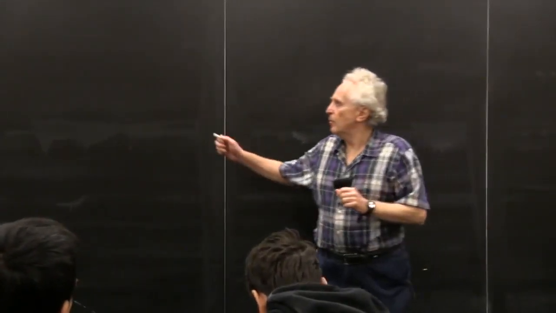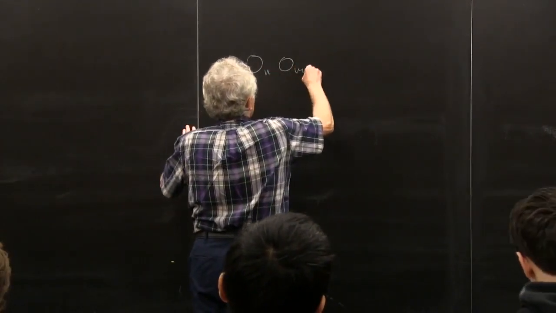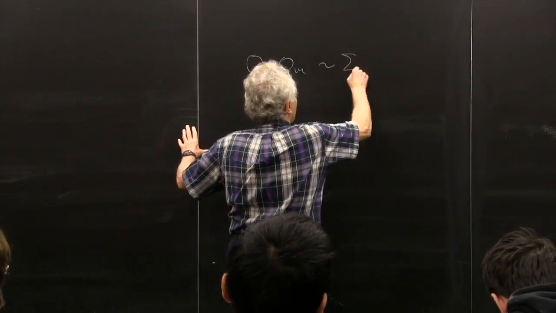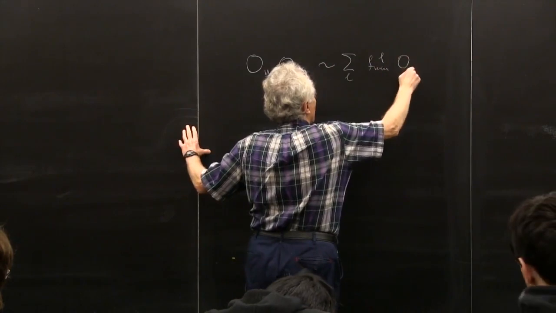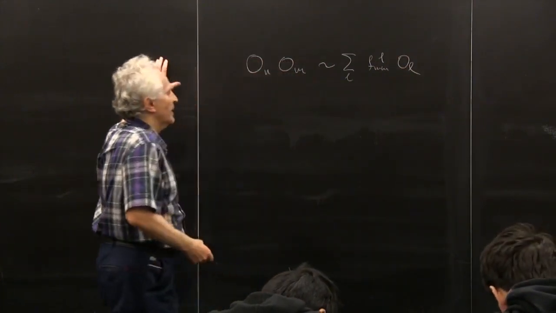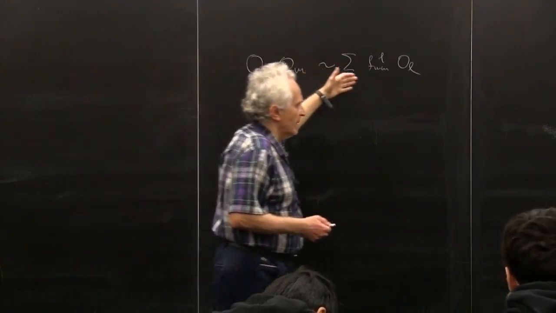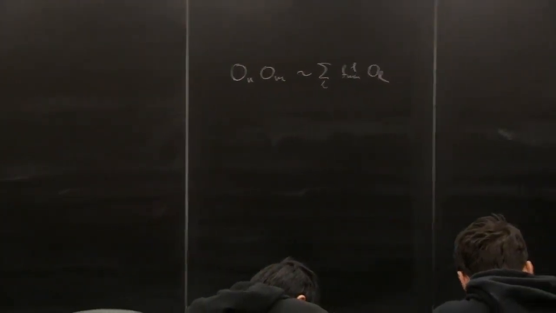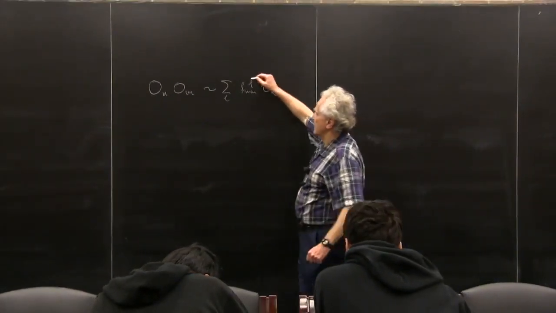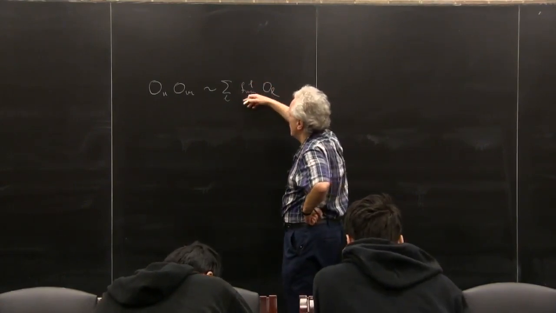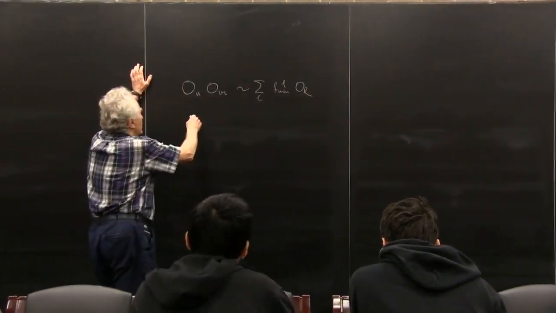so our basic formula was the operator product expansion. Symbolically, without details, we can write it down like that. And the fact that the correlation function must have the right symmetries imposes huge constraints on possible structure constants.